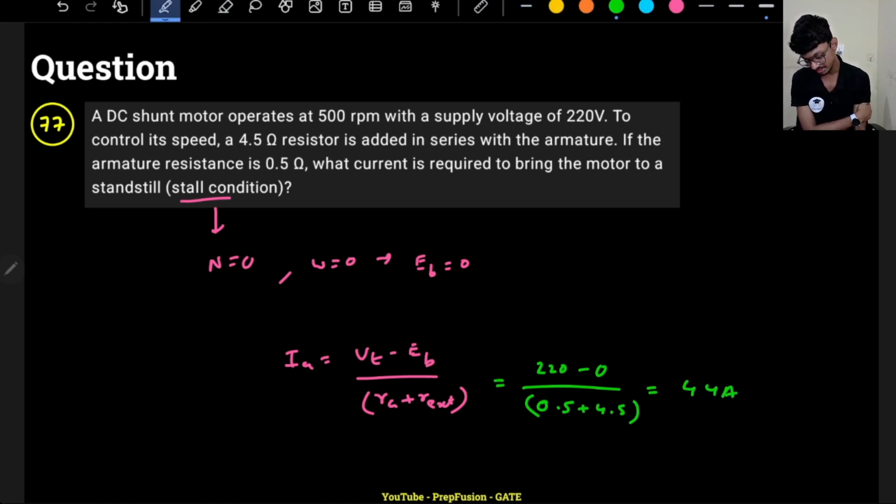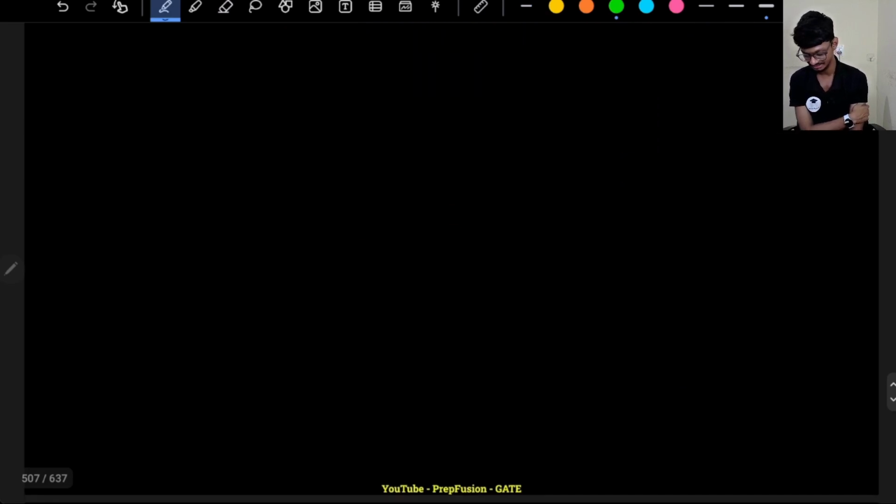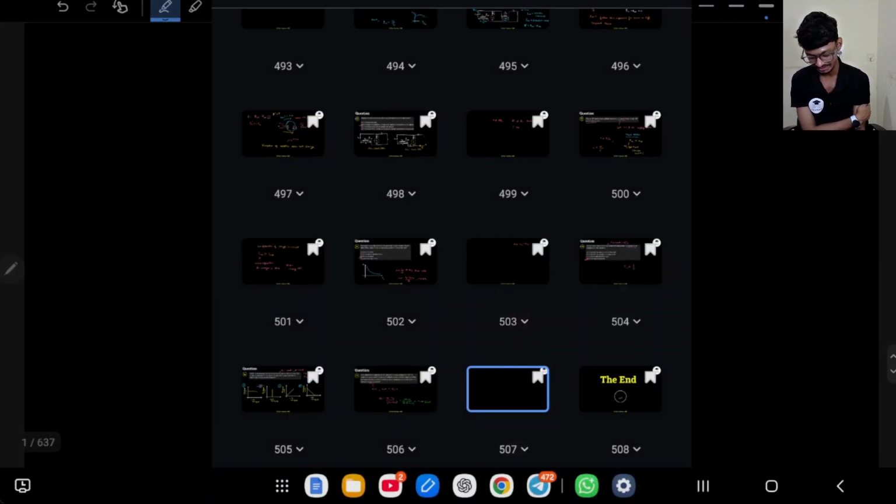So the armature current required will be 44 amperes to bring it to stop condition or stall condition. So this will be the answer. Okay, so these are like ESE type questions they can ask, but in GATE, this was simple. I don't feel they will ask.